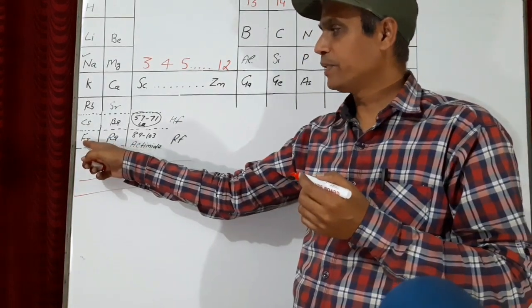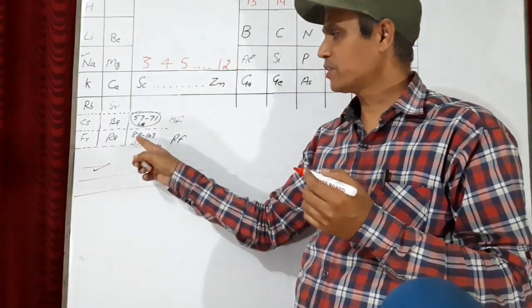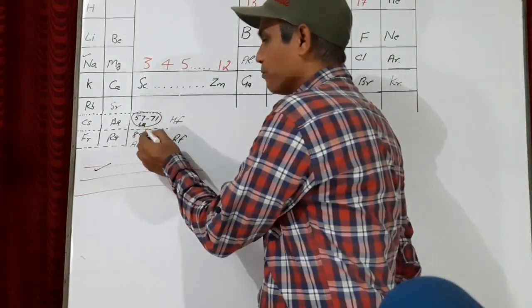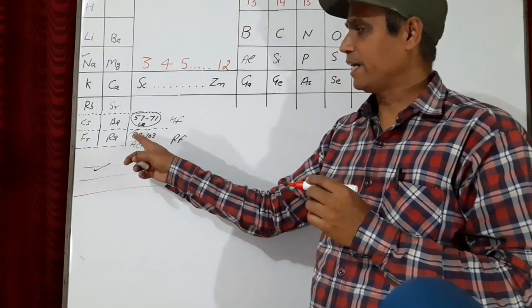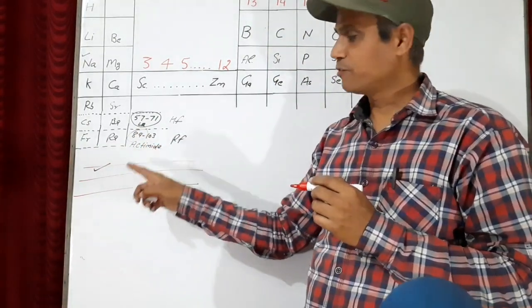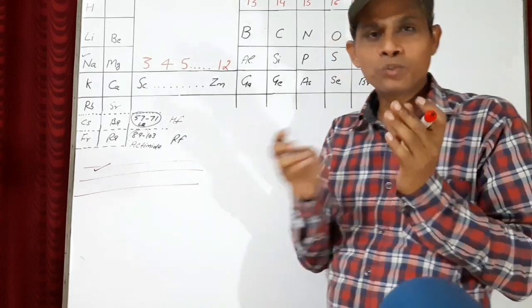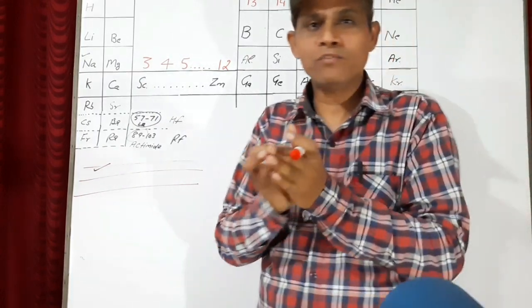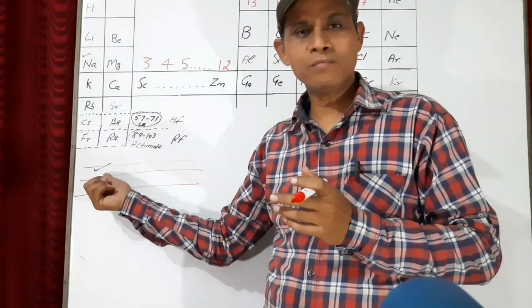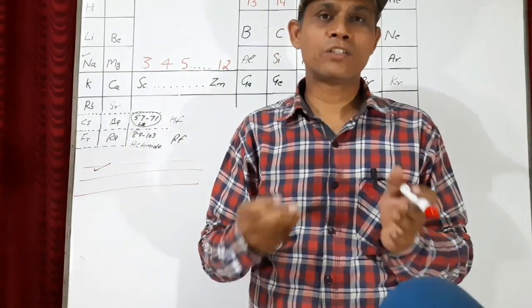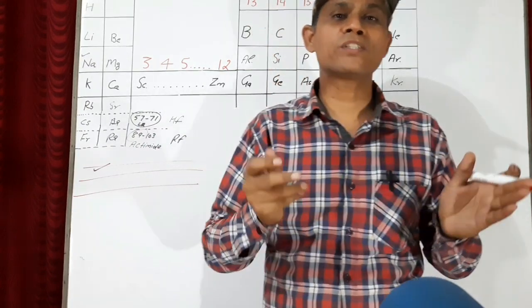Similarly, in the 7th period, the first element which is not there in the main body has atomic number 89 and it is actinium. Therefore, this is known as actinoids. So, two series are there at the bottom. The first is called lanthanoids and the second is called actinoids. Lanthanoid series and actinoid series.